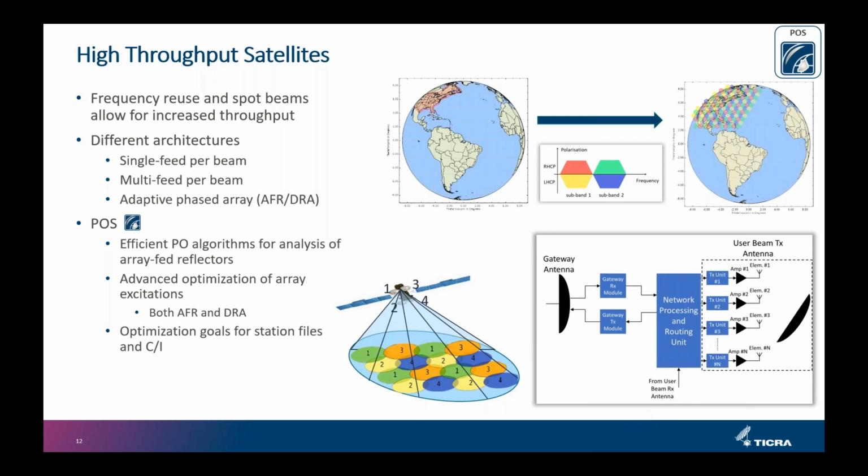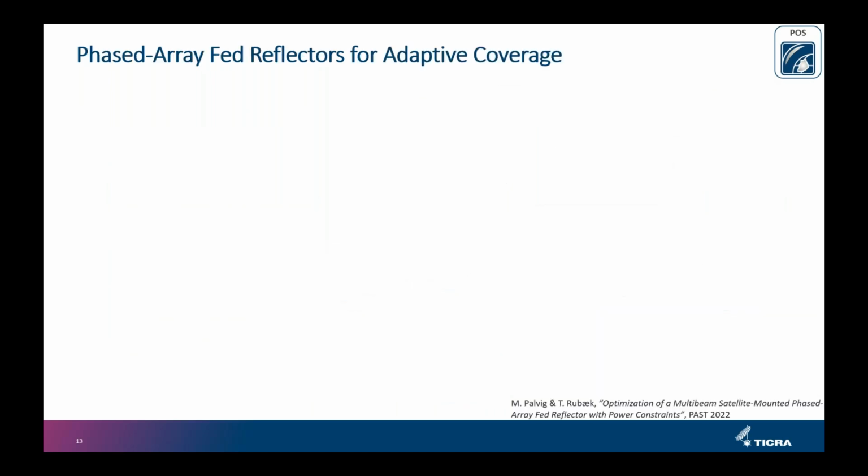In addition to this, we have included several optimization goals specifically for this type of antennas: station files for generating complicated coverage areas, and also C/I optimization, so carrier to interferer optimization, which is also a requirement for these types of antennas.